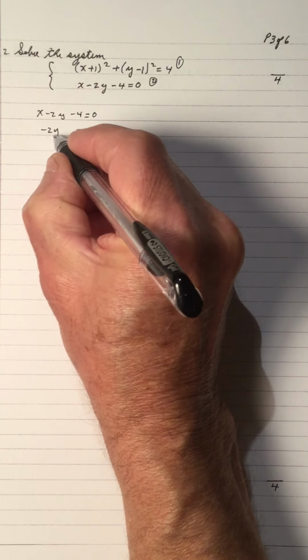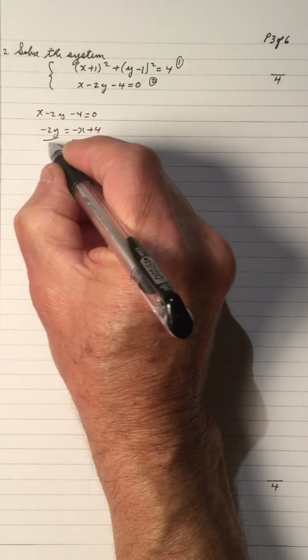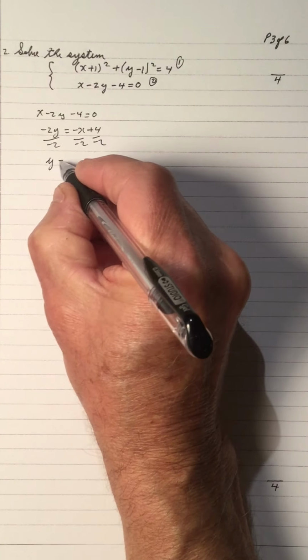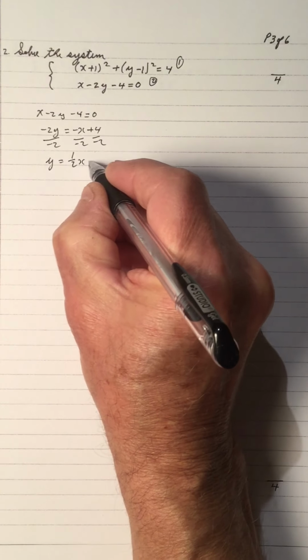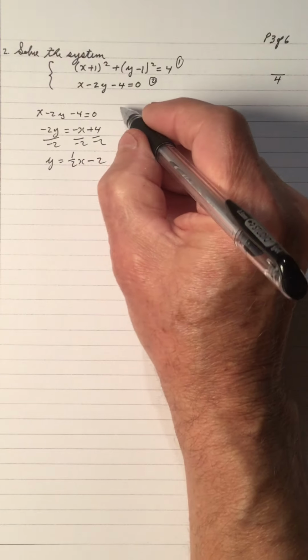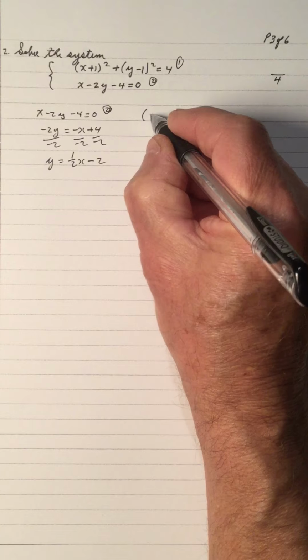So negative 2y equals negative x plus 4. Divide by negative 2. Y equals a half x minus 2. So that's equation 2 that we have solved for y. So let's write down equation 1.